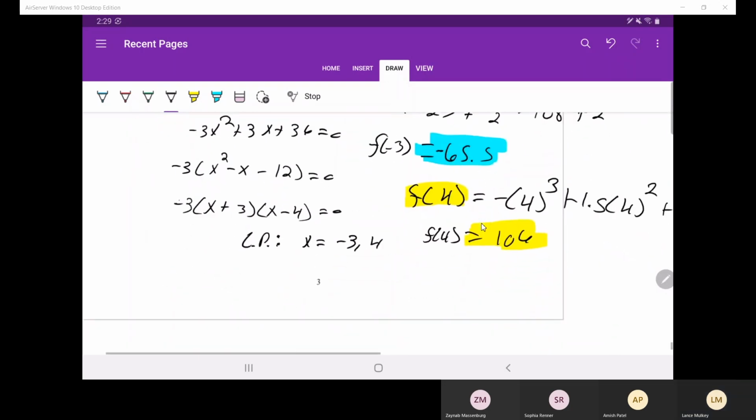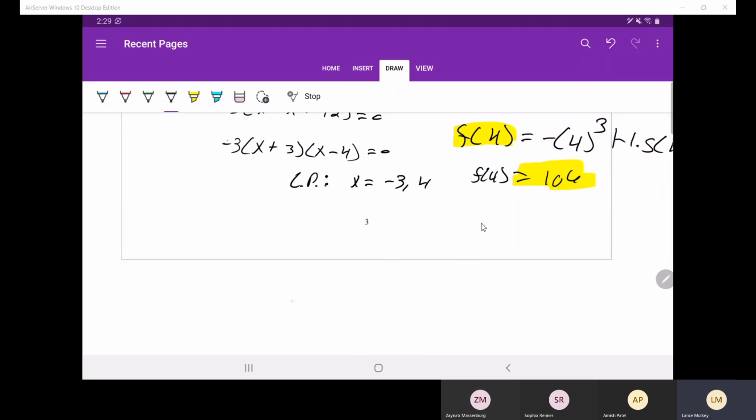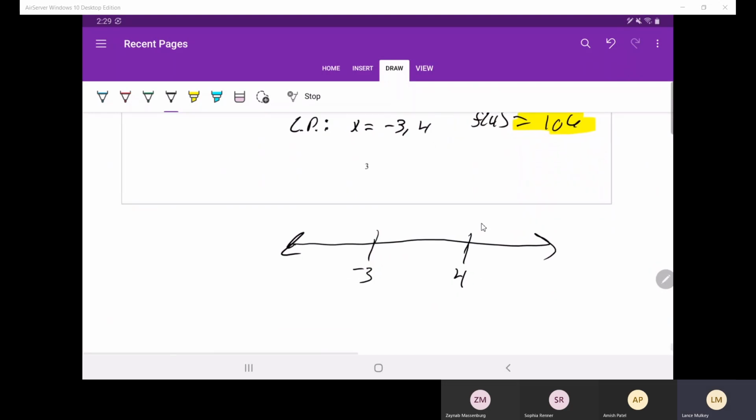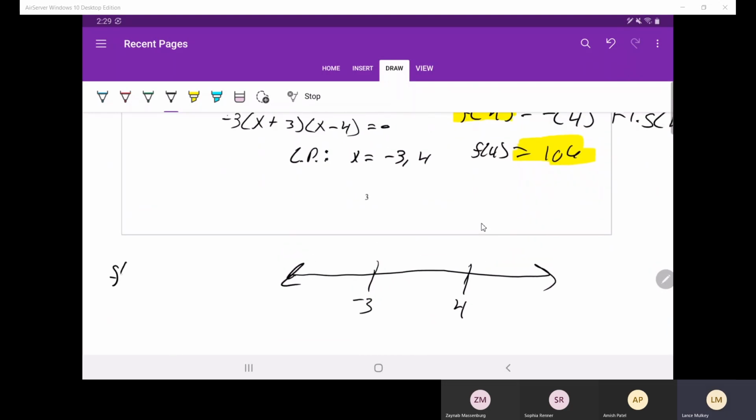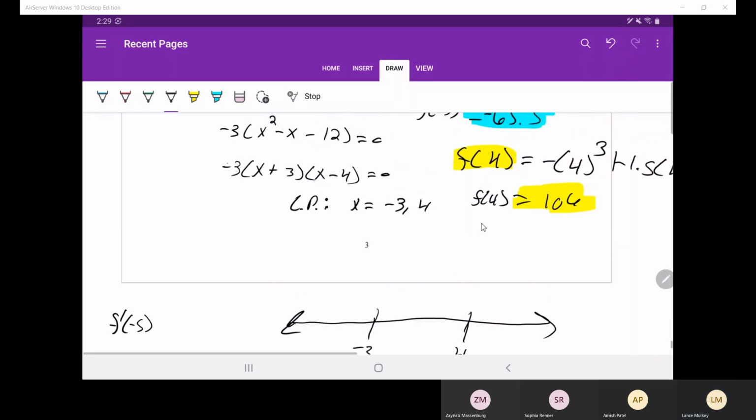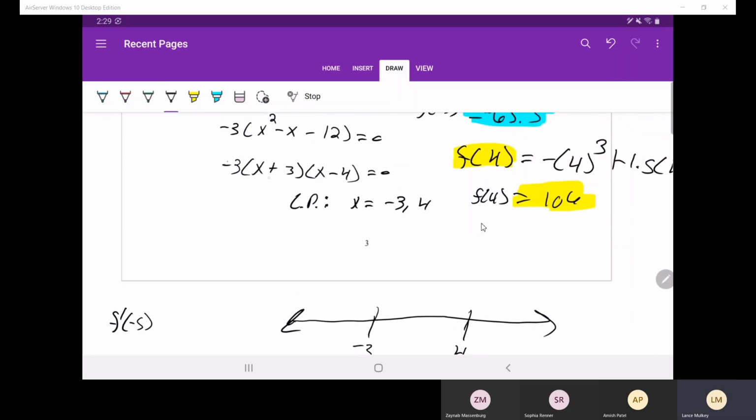Okay. We can go back to our good old number line. So if we plug in f prime of negative 5, I would just use this equation right here.